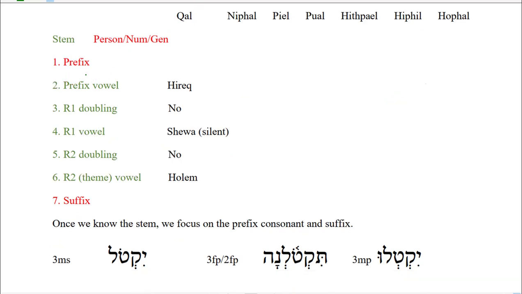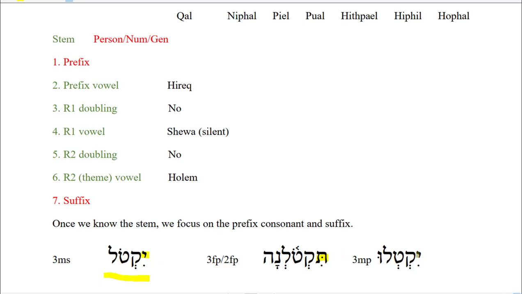Now we take a look at some of the characteristics of imperfects. I've got 7 listed here. The first is the prefix, and I've got a few examples down at the bottom of the page here. So notice that for yiktol, the prefix is a yod. For this example here, tiktol now, the prefix is a tau.